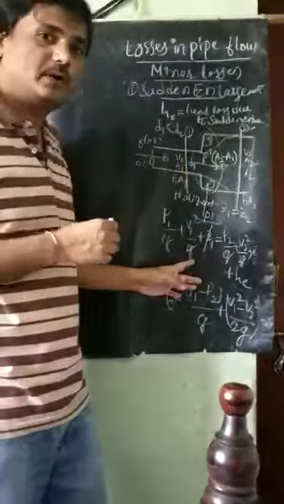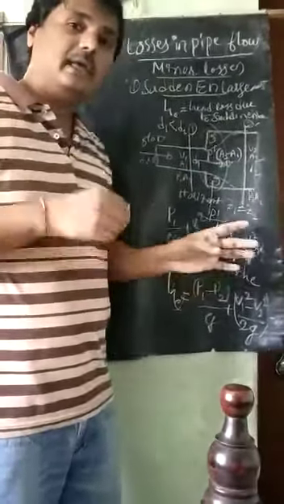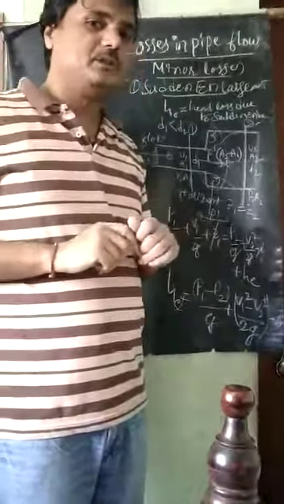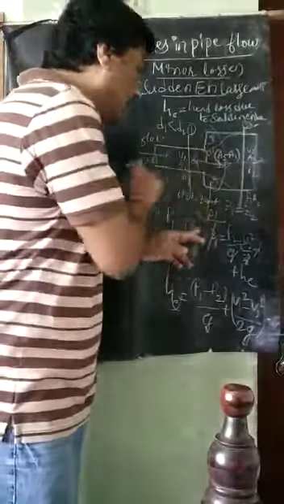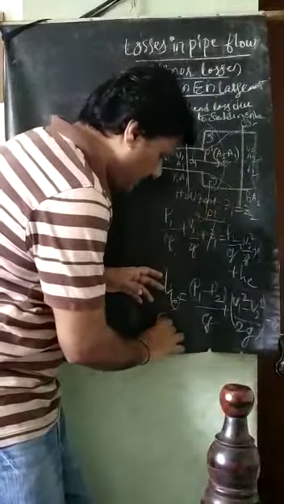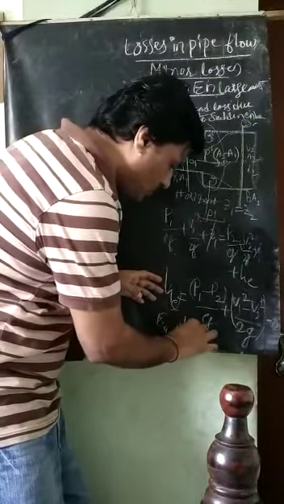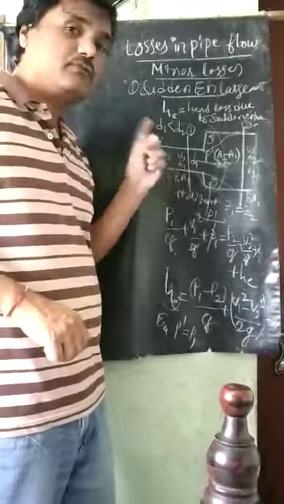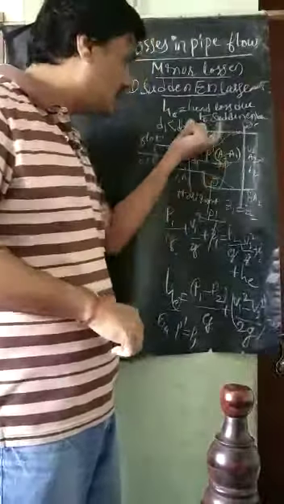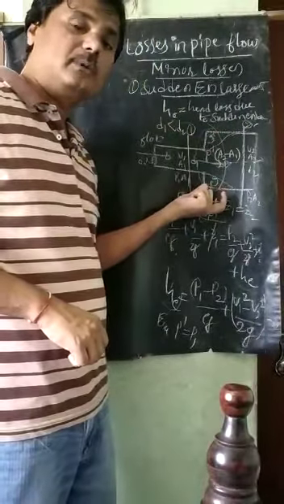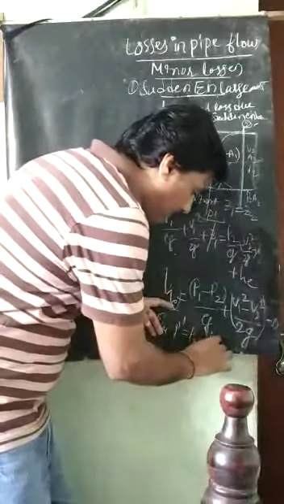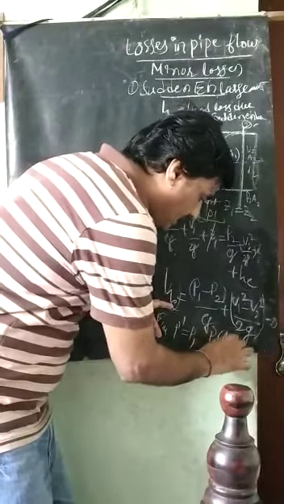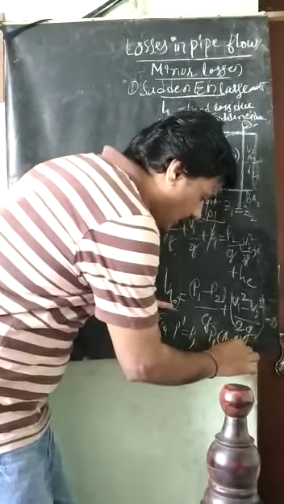Very important here: experimentally it is assumed that this P dash is equal to P1. So the pressure force in the direction of the flow, where the loss takes place, is P1 times (A2 minus A1).